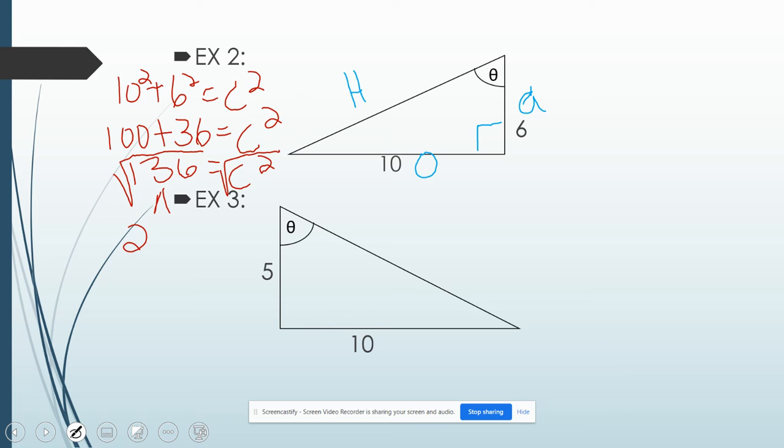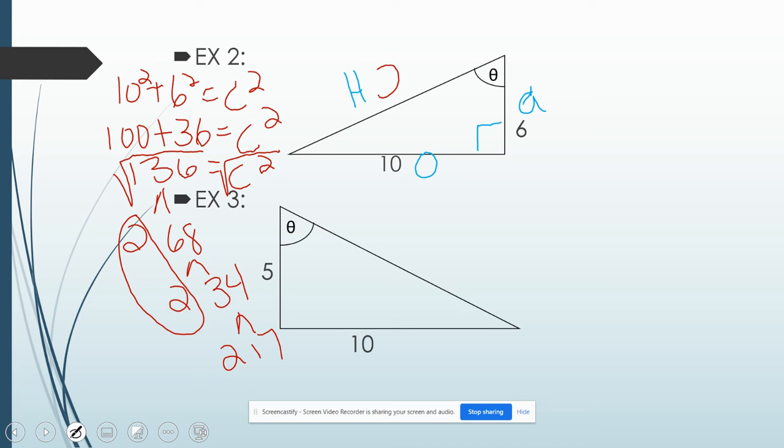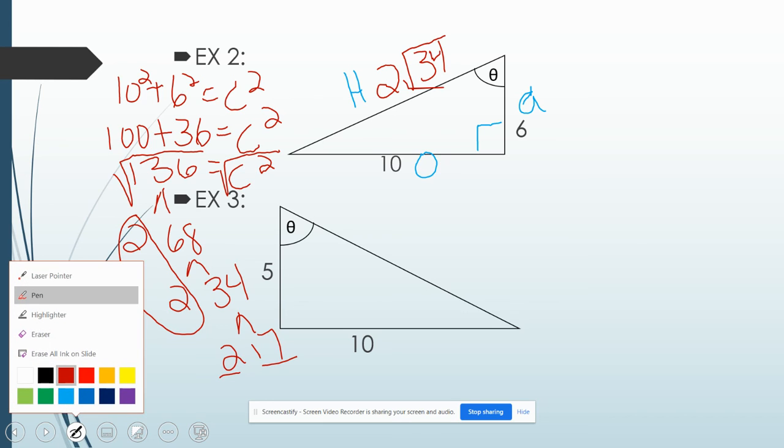And that gives me 68. I'm going to pull out a 2 from 68, which gives me a 34. 34 is 2 times 17. So I have a pair of 2's. That's going to come on the outside. The 2 and 17 are stuck inside, so we'll multiply those back together. And we have 2 square root of 34.